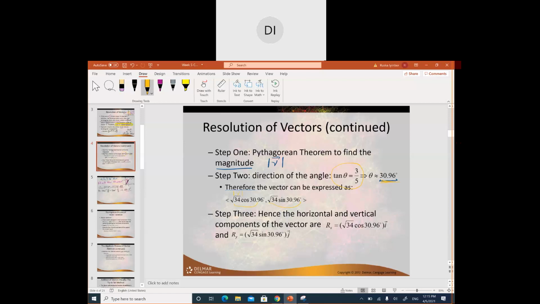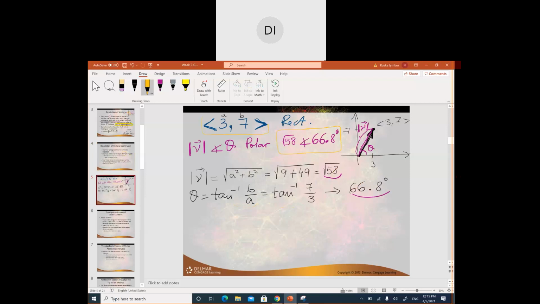So here they just go back and forth, from polar to rectangular, rectangular to polar. That's all that means. So using the same formulas as last week, where we talked about complex numbers in polar and rectangular, the same way you're talking about vectors in polar and rectangular, the same formulas. So we can transfer between the different forms.